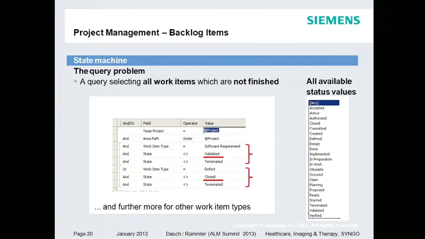The work item query editor in TFS provides all the states available to the user. And in that example, on the right side you can see all these states of all the work items, and the user has to find out which are the right states.